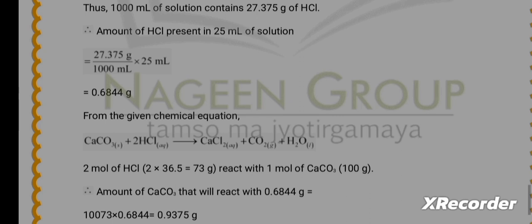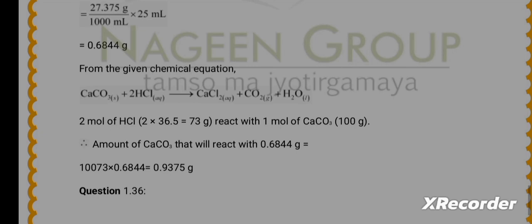From this equation we know that 73 gram of HCl reacts with 100 gram of calcium carbonate, because the molar mass of calcium carbonate is 100 gram. But you have to know how much is needed for your HCl weight, which is 0.6844. तो वो कितने कैल्शियम कार्बोनेट?